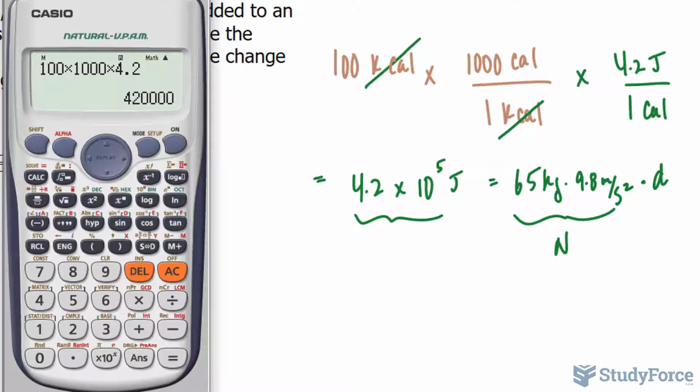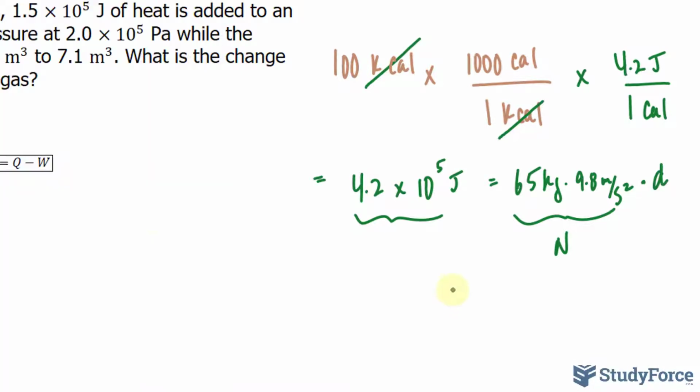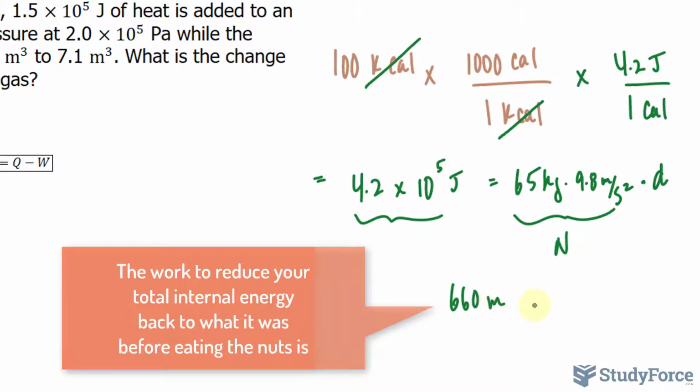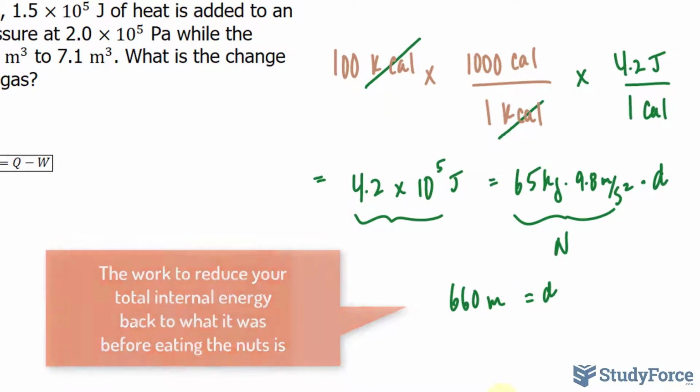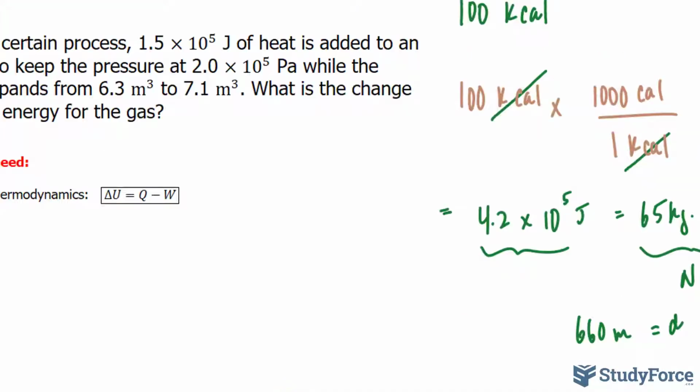So the value on our screen divided by 65 times 9.8, that's to solve for d, and we get a distance of around 660 meters. 660 meters needs to be climbed in order for you to burn off 100 kilocalories.